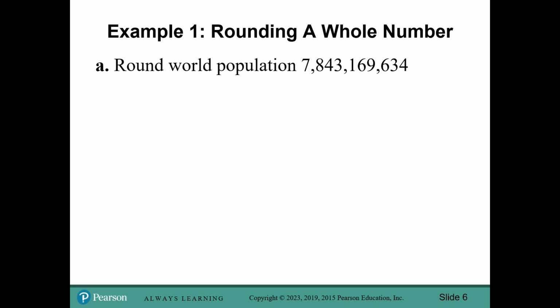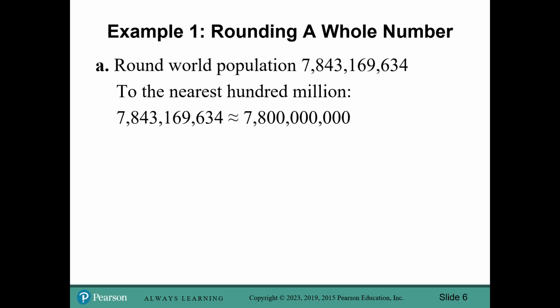Now, our first example says rounding a whole number. We want to round the world population, 7,843,169,634, to the nearest 100 million. The rounding here is done for you, but let's go through the process.